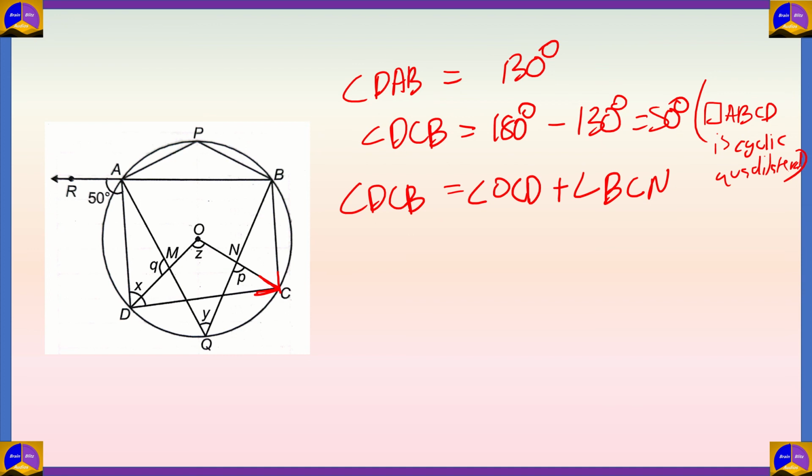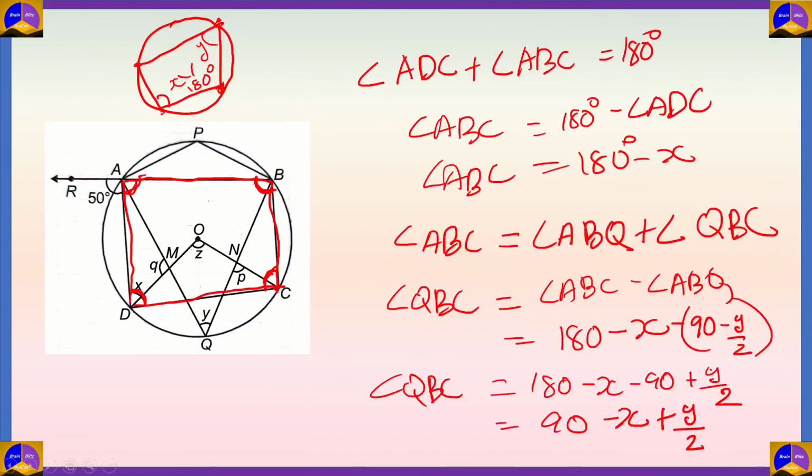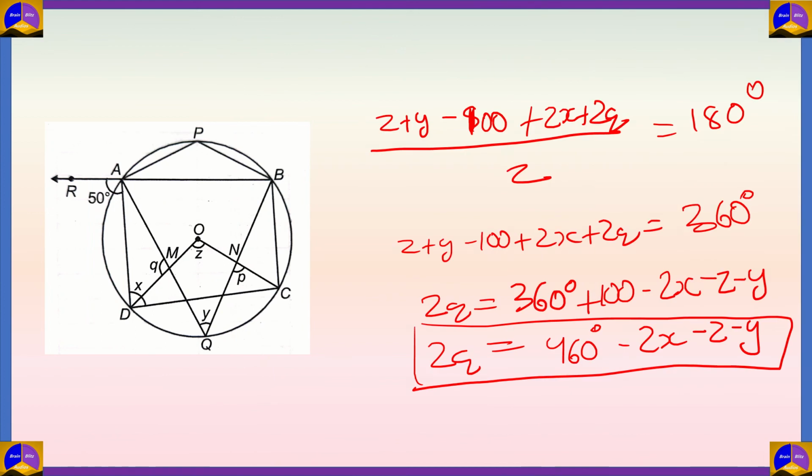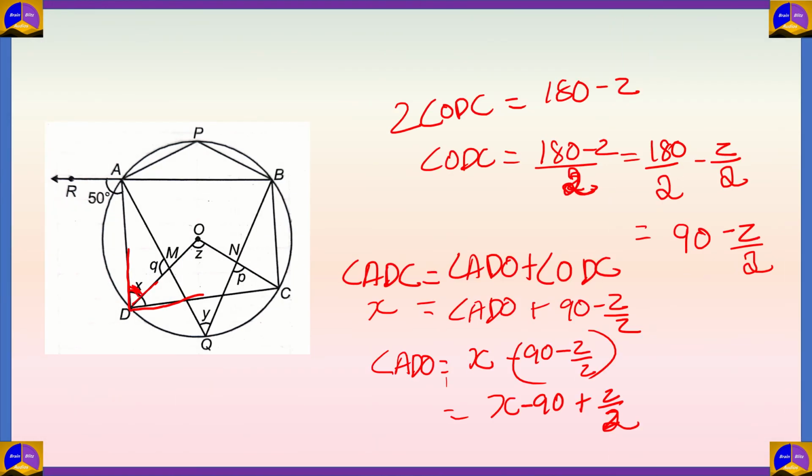Now angle DCB, we found, is 50 degrees, and angle OCD, we had found, is the same as ODC, which is 90 minus Z by 2.